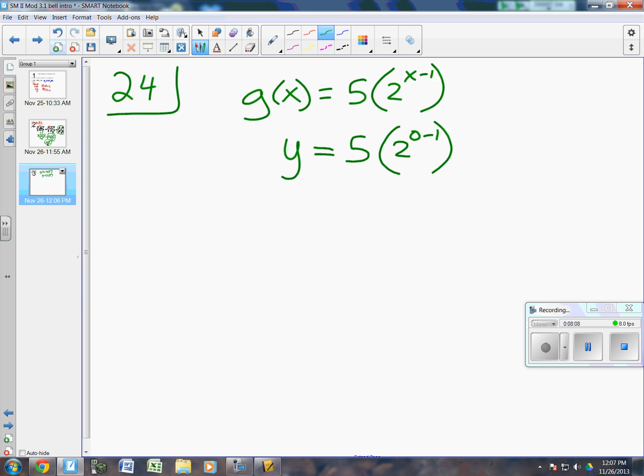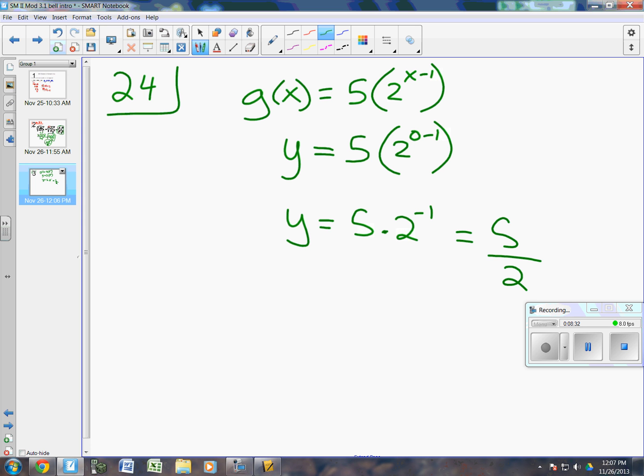How does that affect that problem? How do I simplify it? Well, it's going to be 5 times 2 to the negative 1 power, right? Now, how do I get that to not be a negative exponent? Okay, so I put it in the denominator. 5 over 2 to the positive 1 power.